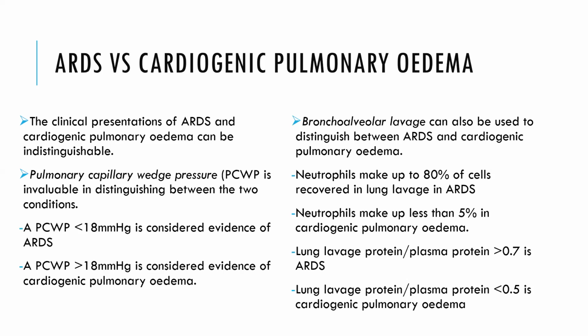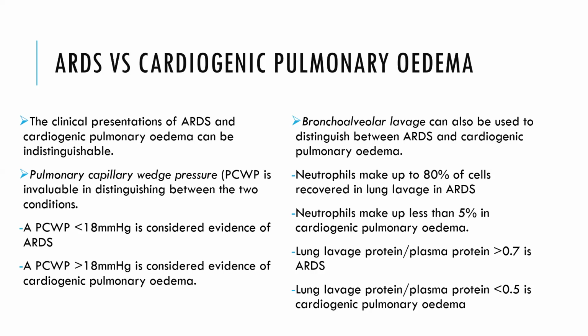Like we mentioned, the first one is the use of your pulmonary capillary wedge pressure. So PCWP less than 18 millimeters of mercury is evidence of ARDS, while greater than 18 is evidence of cardiogenic pulmonary edema.